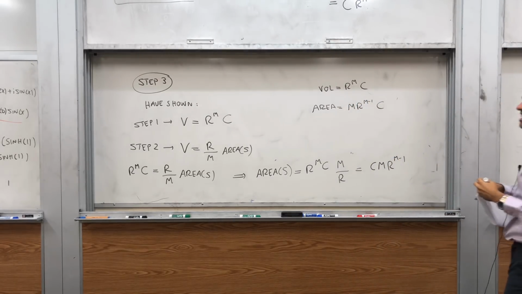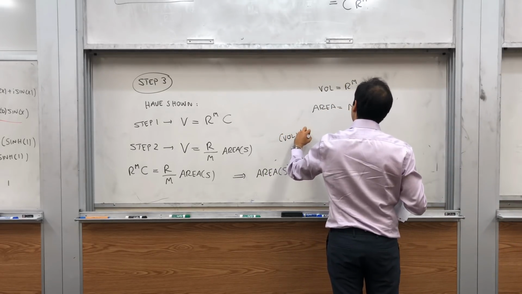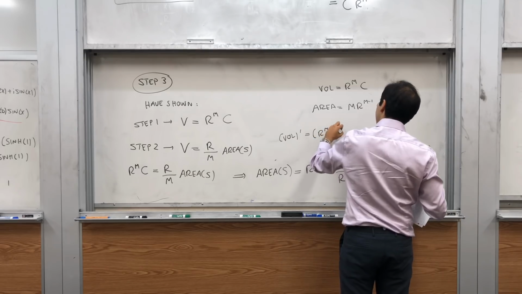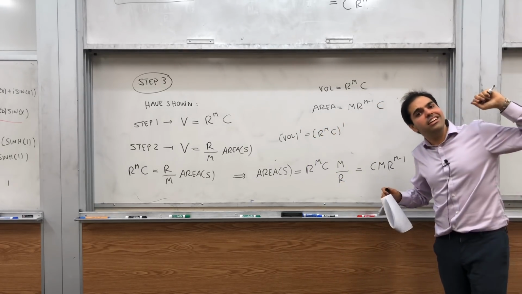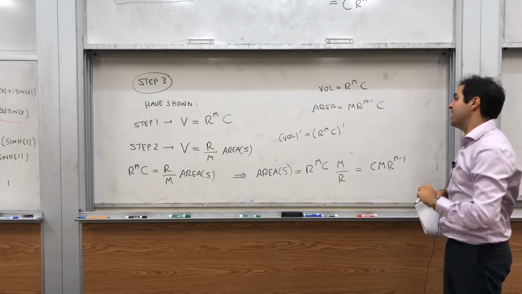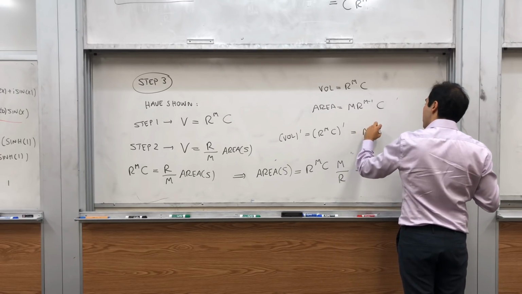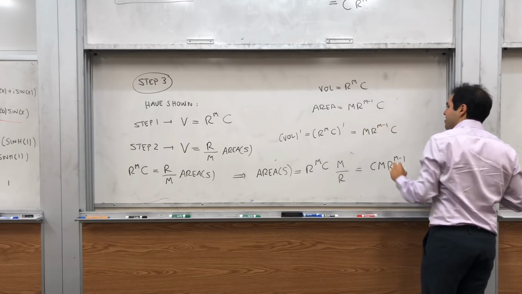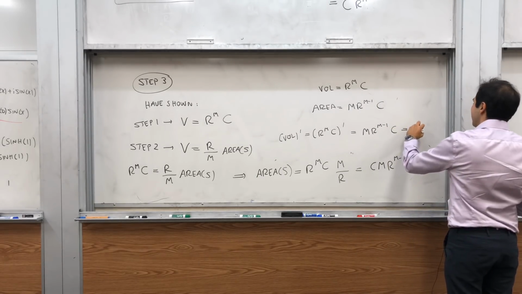In particular, let's see what happens when you take the derivative of the volume. Volume prime is R to the m C prime. And again, C is the volume of the unit ball, which does not depend on R, so it's a constant. So you really get m R to the m minus 1 times C, and lo and behold, that is the surface area.